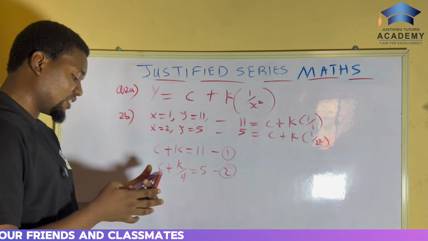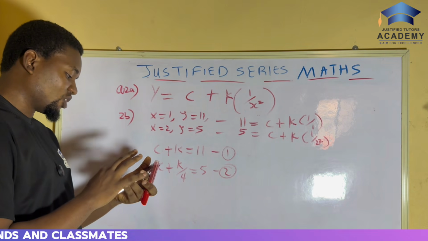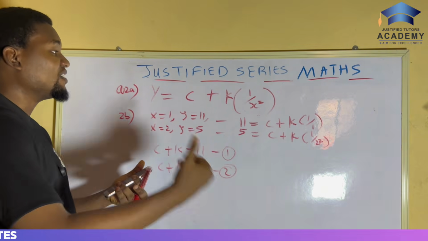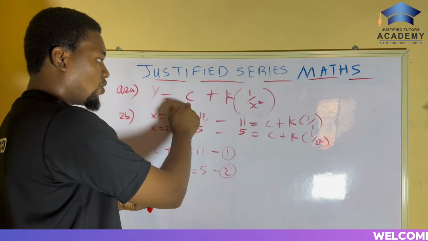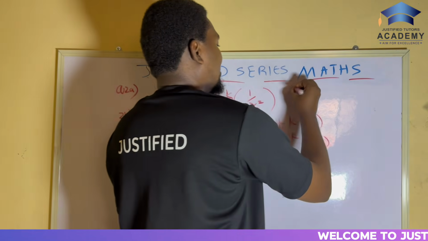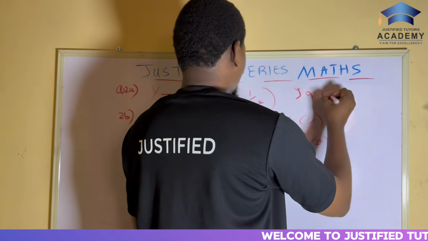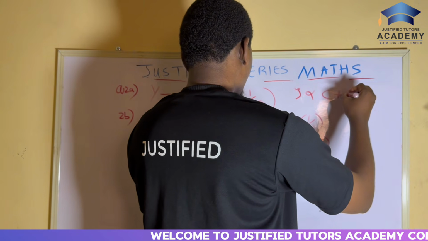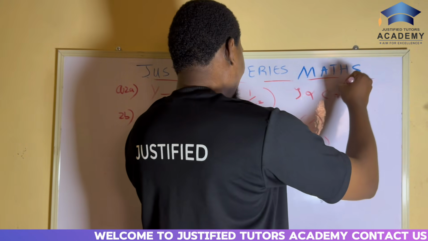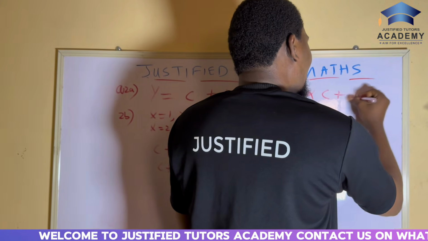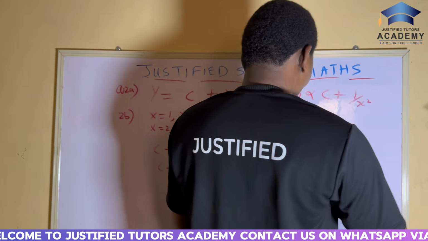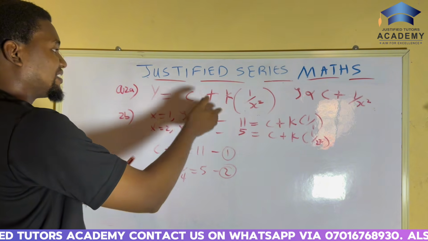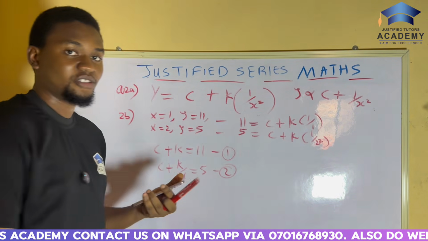The question says y is partly constant and partly varies inversely as the square of x. That is it here. So when you want to add your constant k, you add it to this particular aspect. You get it now.